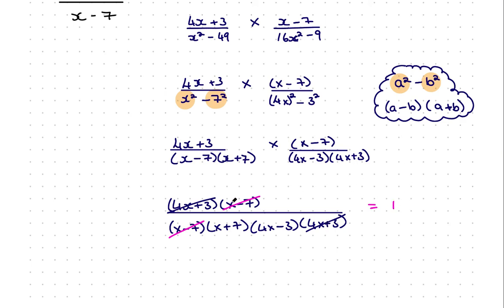X minus 7 divided by x minus 7, that's 1. All over x plus 7, 4x minus 3. So what we can say there is 1 by 1 is 1, and we're left with 4x minus 3 over x plus 7. It doesn't matter which way you write it, 4x minus 3, x plus 7. And that's what we got for that one.